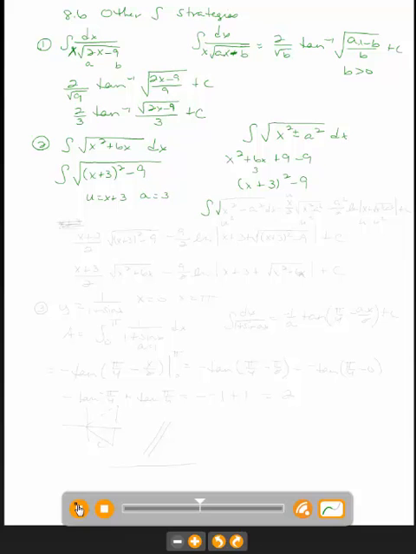It says the integral of the square root, and I'm going to get rid of the plus sign because it's a minus in our case, is equal to x over 2 times the square root of x squared minus a squared, over 2, natural log of x plus the square root of x squared minus a squared, plus c. Just barely got it in there.